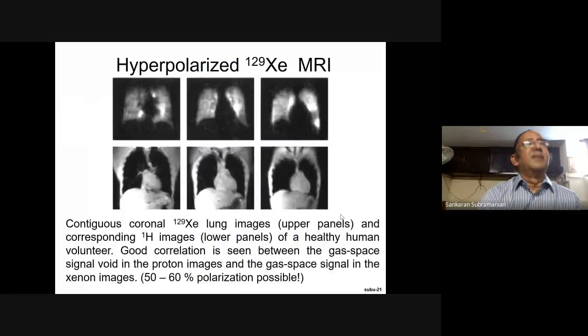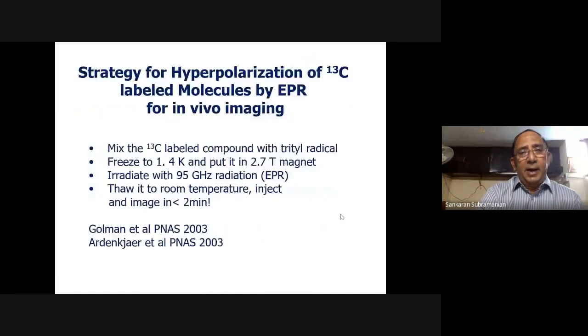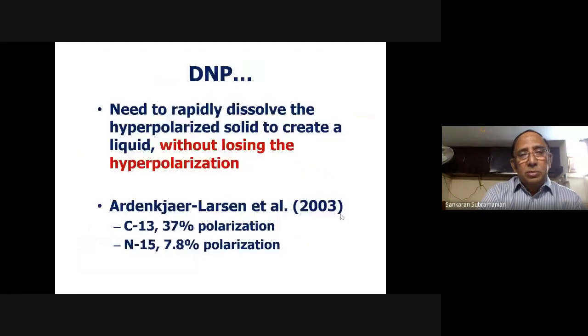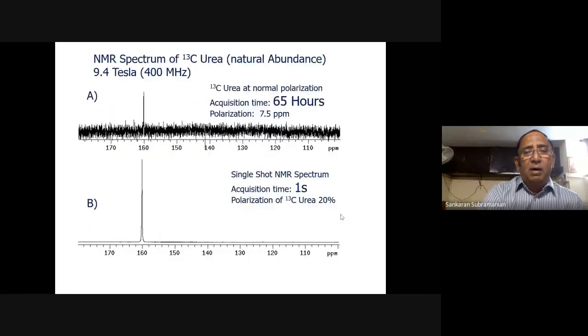These are actually certain spectra, hyperpolarized helium, neon NMR, and there is no time to go through this. Just one example of a hyperpolarized spectrum of urea, a 13 carbon spectrum in natural abundance. It took 65 hours to get this noisy spectrum after polarization transfer from electron to urea. The technique we will see.